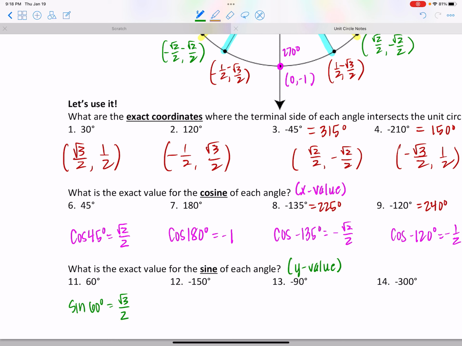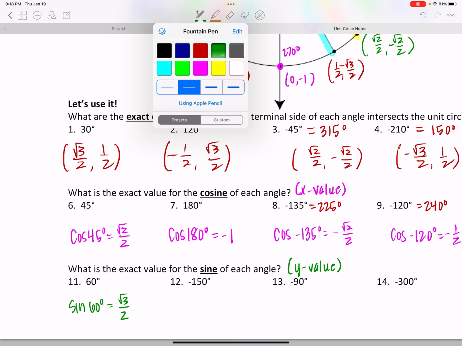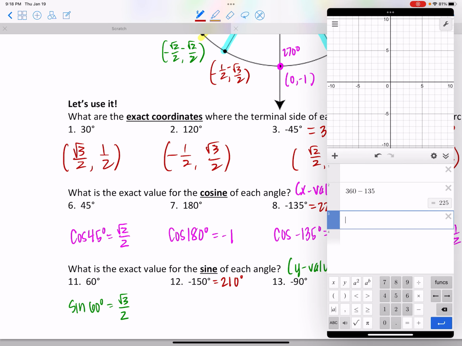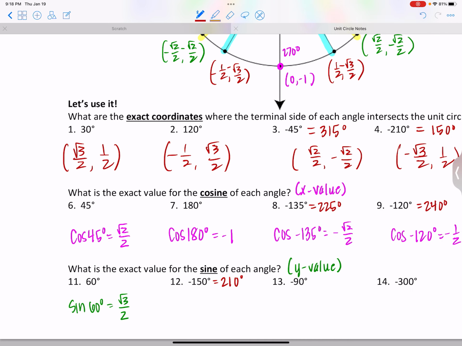And if you put this in your calculator, the sine of 60 degrees, you would get the decimal approximation for radical 3 over 2. Negative 150, that's going to be coterminal to positive 210. 360 minus 150, I'm really nervous that my brain is not adding and subtracting.